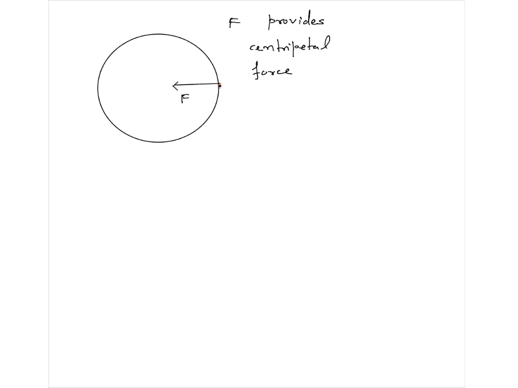So anybody who is sitting here or here or here or here is going to experience acceleration towards the center. Somebody sitting here will experience this. Somebody sitting here will experience that.